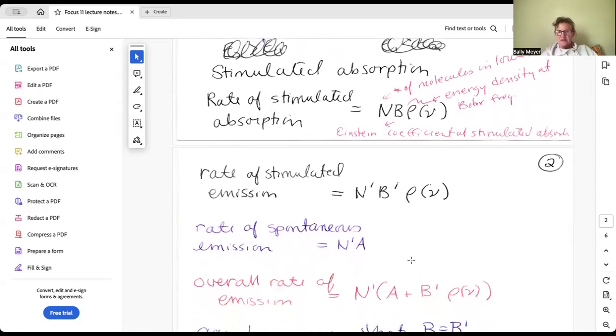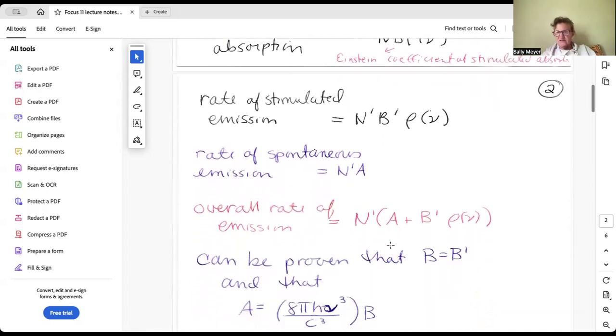You also know you have spontaneous emission. So if you excite a molecule or electron in an atom to an excited state, that's going to have a finite lifetime. And just spontaneously, it's going to fall back down in energy. And so that's going to be proportional to the number of molecules in the excited state, and then another coefficient, the Einstein coefficient of spontaneous emission. So we'll call that A. So overall, the rate of emission is going to be the spontaneous emission and the stimulated emission.